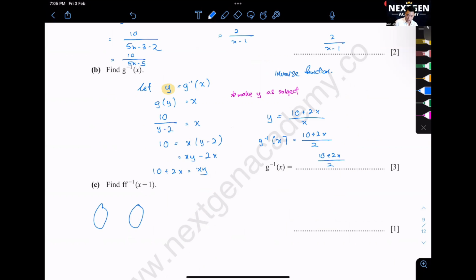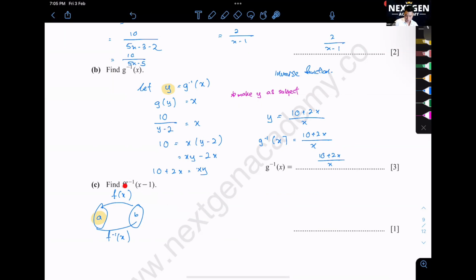Let's say the operation is like that, and this is f(x). If I go from A to B, then the inverse of it will be f inverse x. That means I go back to the original value again, right? That's the logic of it.